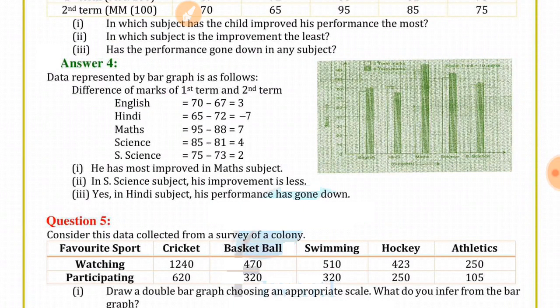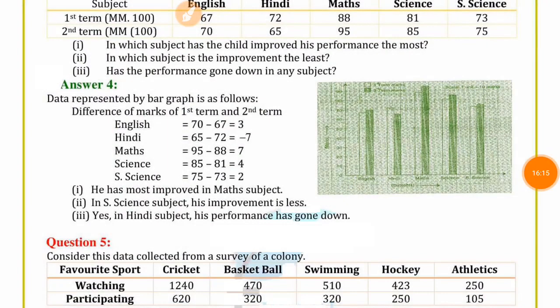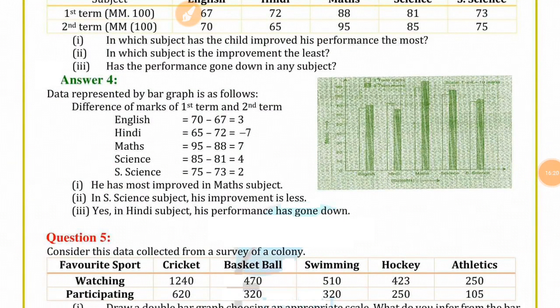In social science, he is improved less, because it is a number 2. Why not Hindi? Because it has gone down, not improvement. It is not an improvement. Improvement means at least 1 mark he should improve. That's why we should not consider the Hindi as least.